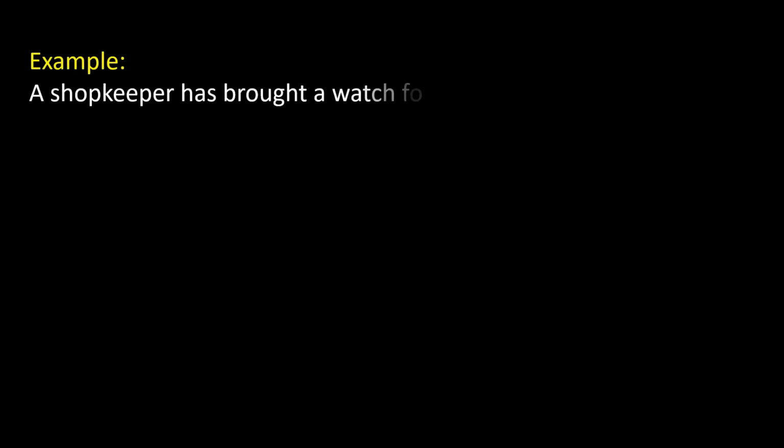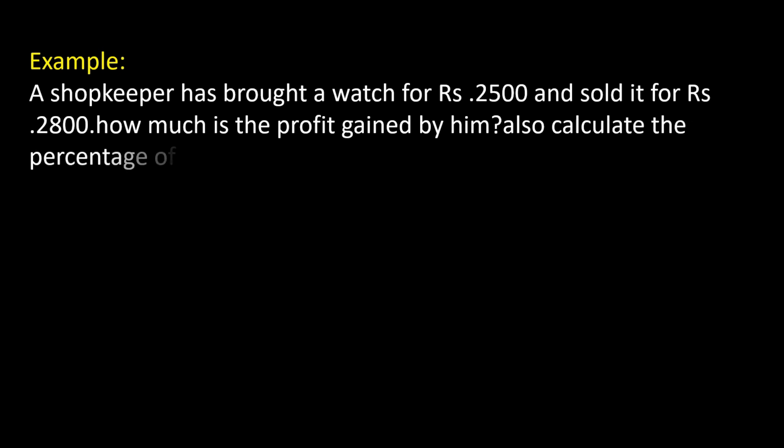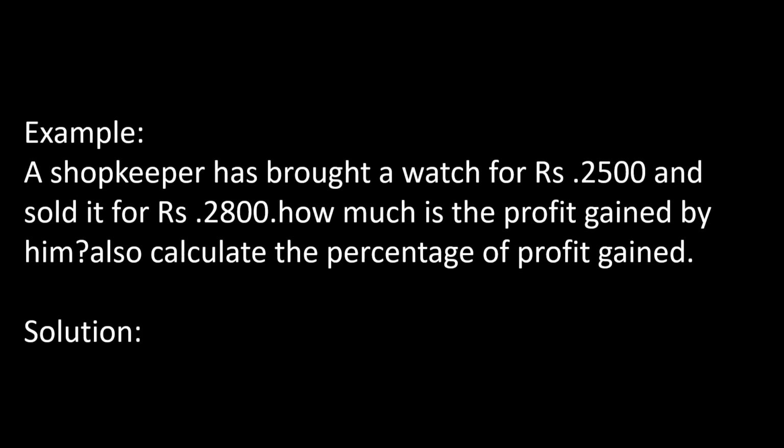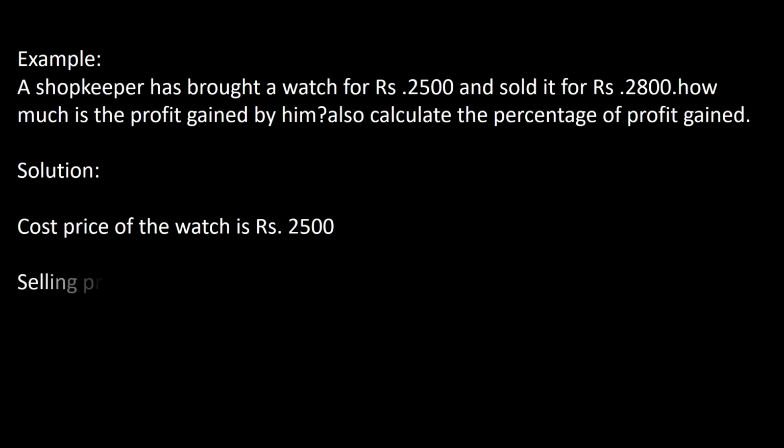First, a shopkeeper has bought a watch for rupees 2500 and sold it for rupees 2800. How much is the profit gained by him, and also calculate the percentage of profit gained. By reading the question, we know that cost price of the watch is 2500 and selling price of the watch is 2800.